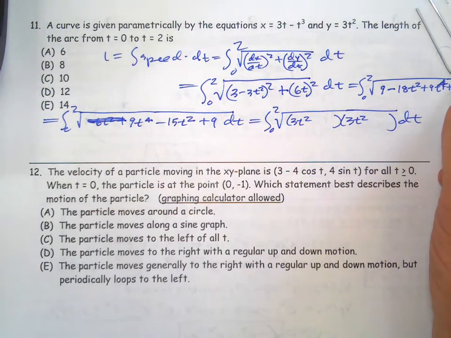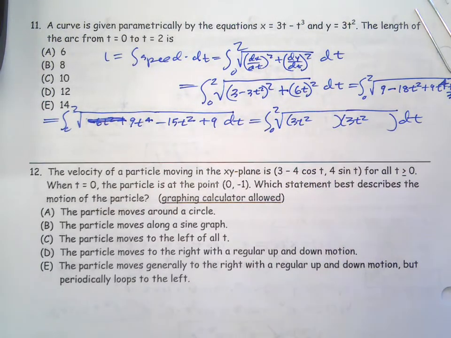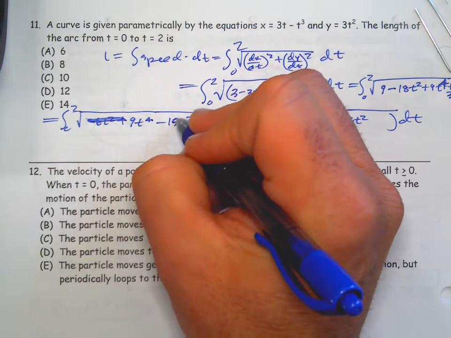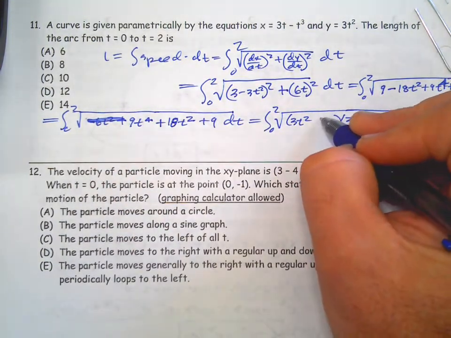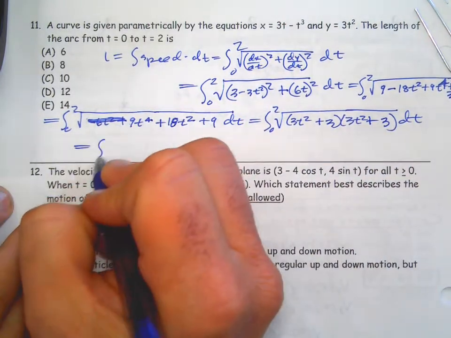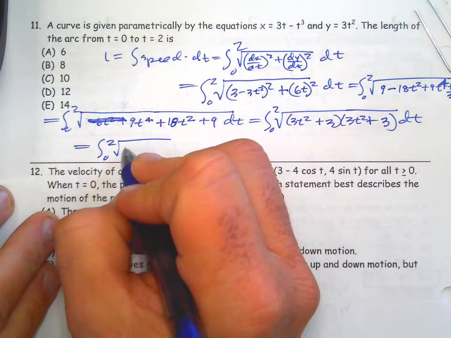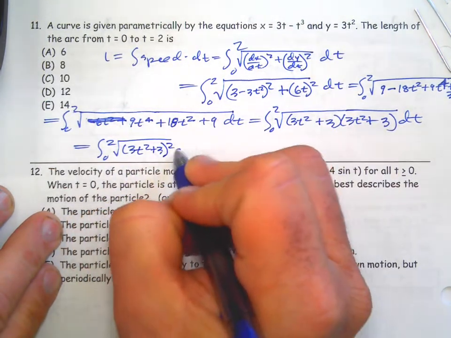Oh, this is 36. So this should be positive 18 in the middle. And that works a lot better. Plus 3. I knew something was wrong. The only way this is going to work is if we get rid of the square root somehow.